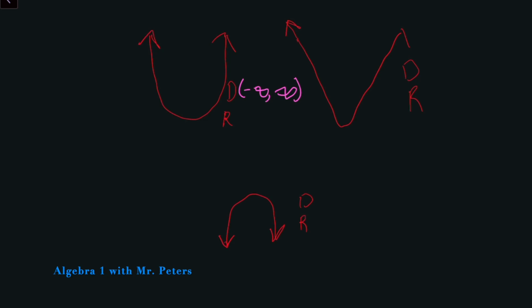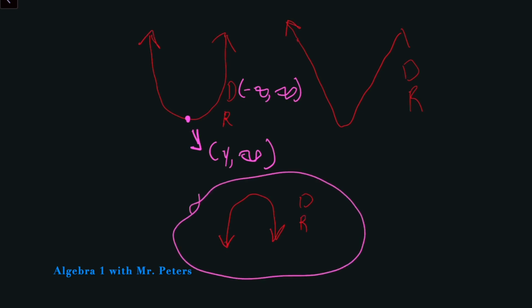But then the range, whatever that y value is, goes from that y value to positive infinity. And if it flips downwards, like this last problem, it's going to start from negative infinity and come up to whatever y value is at the vertex. So please make sure that you guys understand this concept.